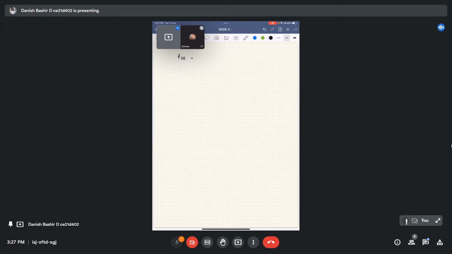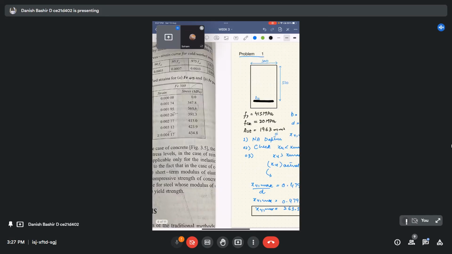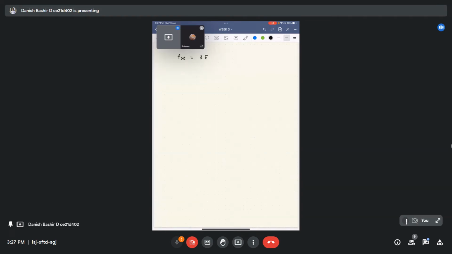FST will be equal to, first value 351.8, plus the difference of the values, 360.9 minus 351.8, into the difference of the strains.